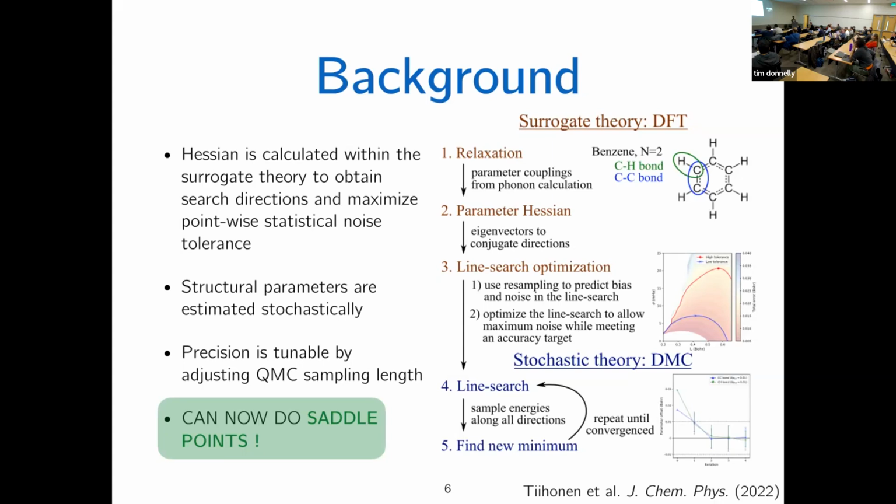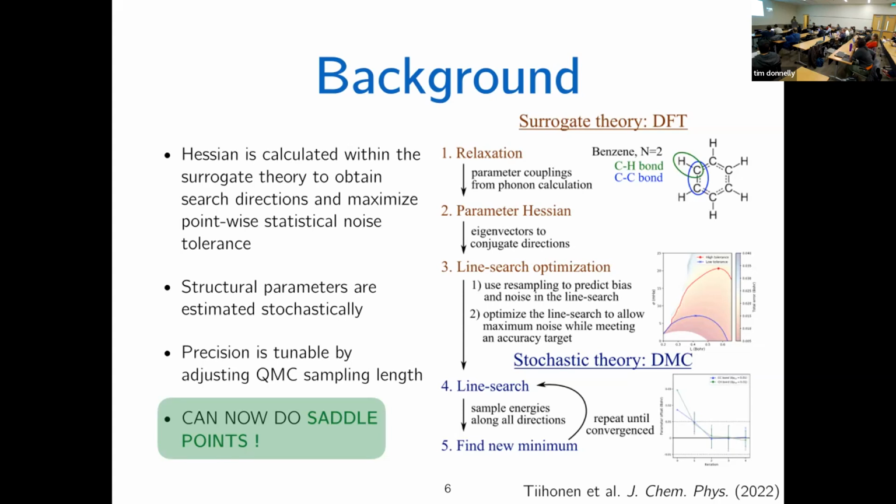You compute the local Hessian using a surrogate theory, usually DFT, compute the eigenvectors, and then perform a line search along those eigenvectors. You can also tune the precision to which you identify these structural parameters by looking at the maximum tolerated point-wise noise that you can have at each point along the DMC line search grid that you create.